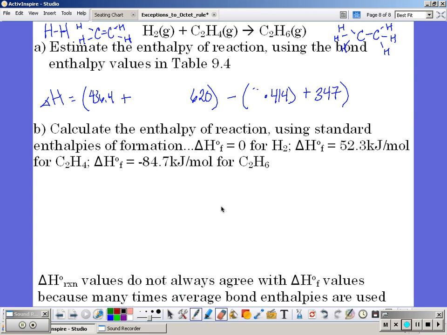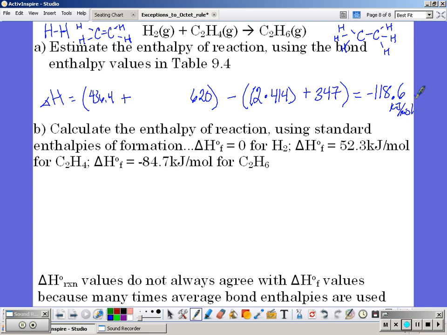You don't have to. You can include all of them if you wish. As long as you get the right answer, I don't really care. So we should end up with a value of negative 118.6 kilojoules per mole. So again, it's exothermic. So my product is more stable than the reactants.